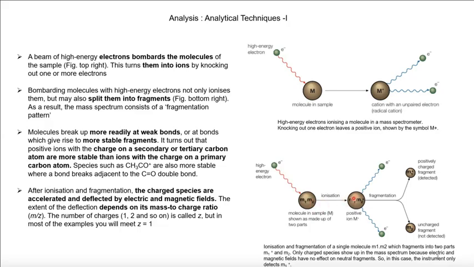And there is the ionization, where one of the molecules in this mixture has been ionized, this is M2, and then we can take one more electron from here, and then we get fragmentation of this. So M1 plus, which is positively charged, is detected by a detector, but a neutral one will not be detected by the detector.